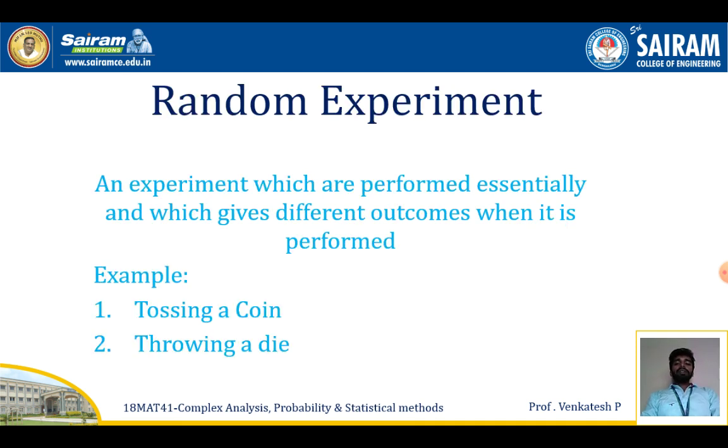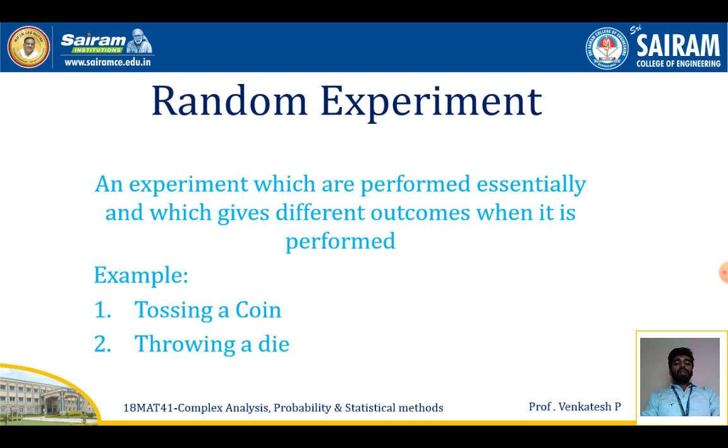Next is random experiment. An experiment which is performed repeatedly and which gives different outcomes when it is performed is called a random experiment. Say for example, tossing a coin. We may get the outcomes like head or tail. So here tossing a coin is a random experiment.